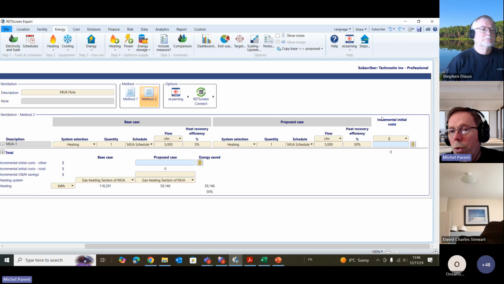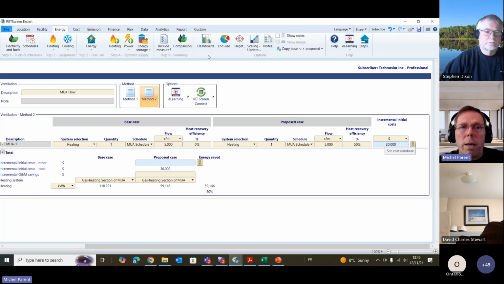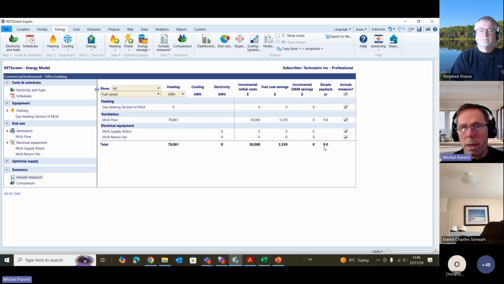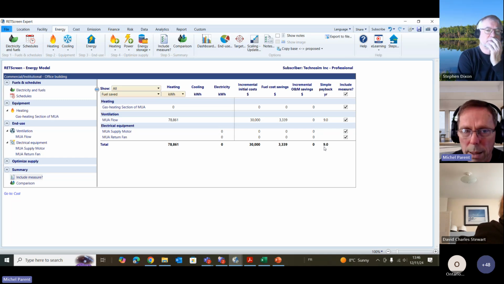And actually the one we're using is pretty much within that range. So $30,000 for heat recovery. And if I go back now into my include measure, it will tell me that my payback is 9 years. It's not great, but nowadays there are people that will definitely look at that measure because it does save a lot of greenhouse gas because it impacts natural gas.